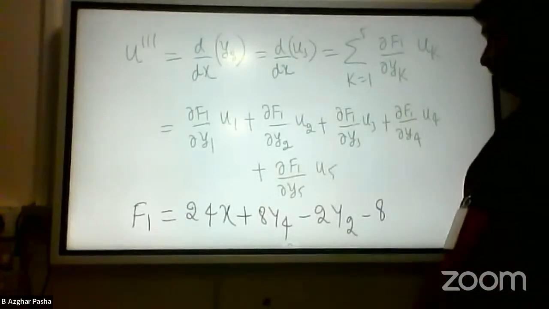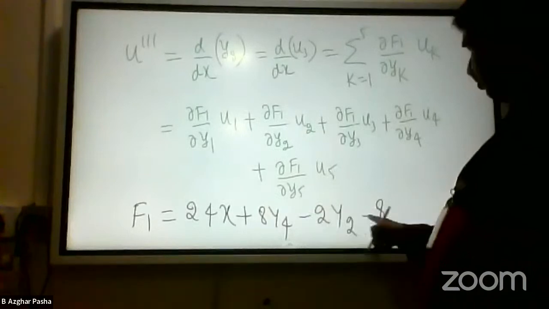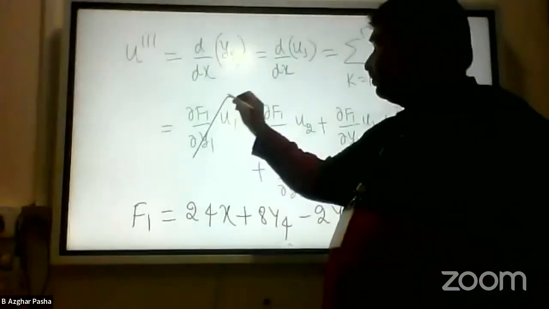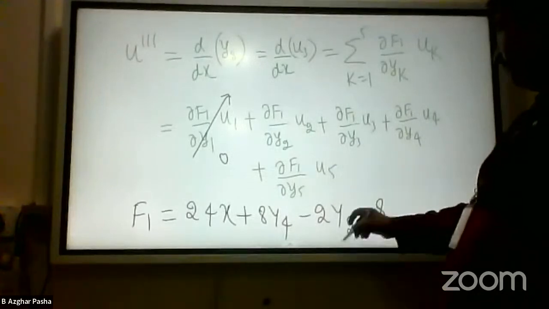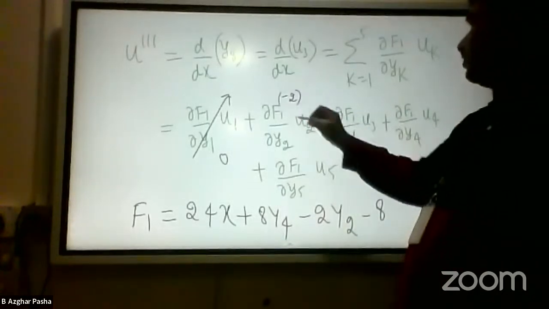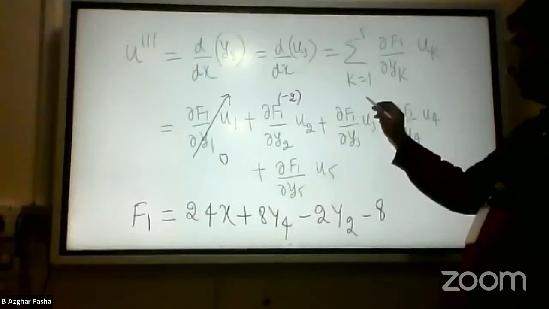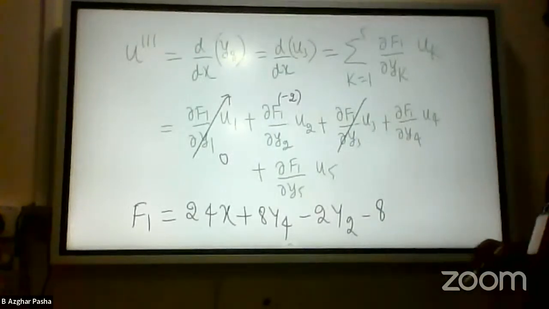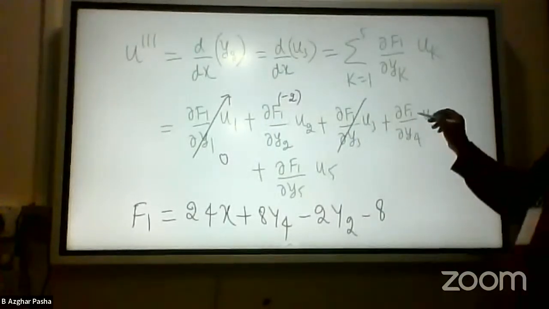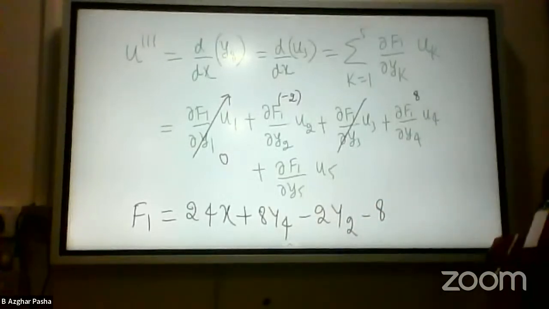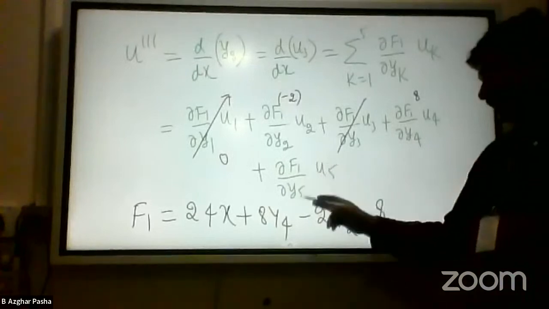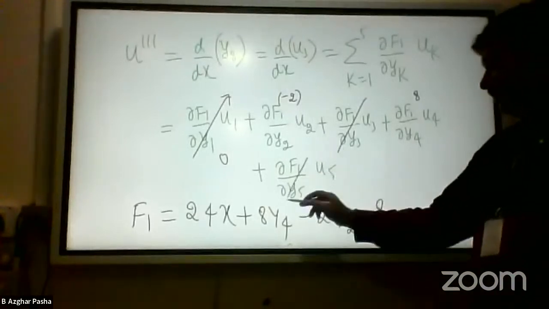So the derivative of f1 with respect to y1, there is no y1 term, this becomes 0. F1 with respect to y2 is minus 2. F1 with respect to y3, there is no y3. F1 with respect to y4, one term, it is 8. F1 with respect to y5, there is no y5 term, 0.